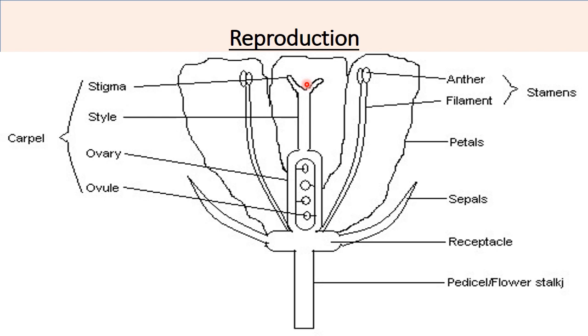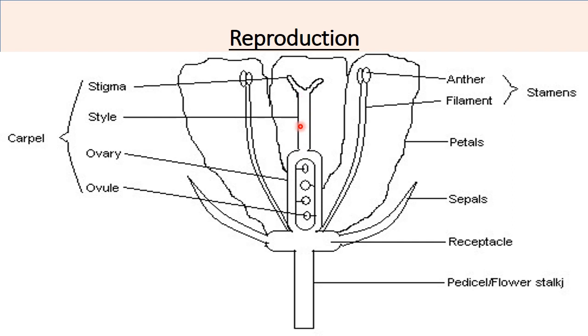Remember inside the pollen grain there are two nuclei. There is the generative nucleus and the pollen tube nucleus. This pollen tube nucleus is going to grow the pollen tube. There will be a tube that will come from the pollen grain and start going inside till it reaches the ovule.